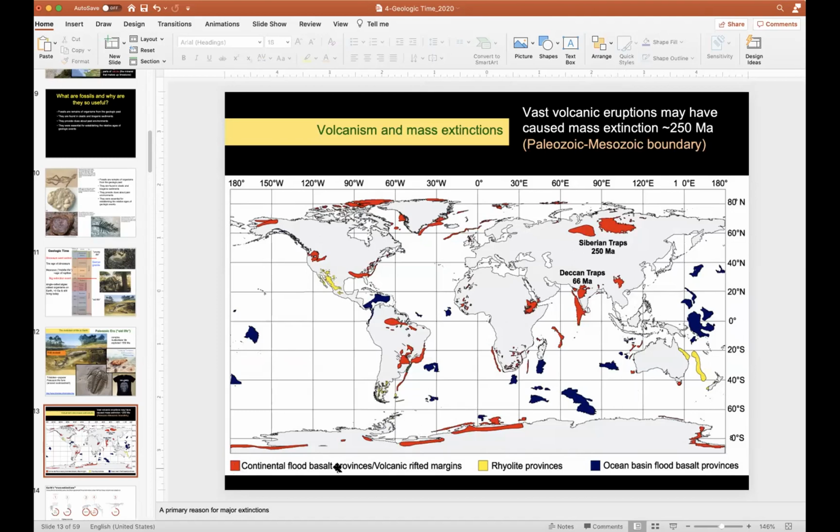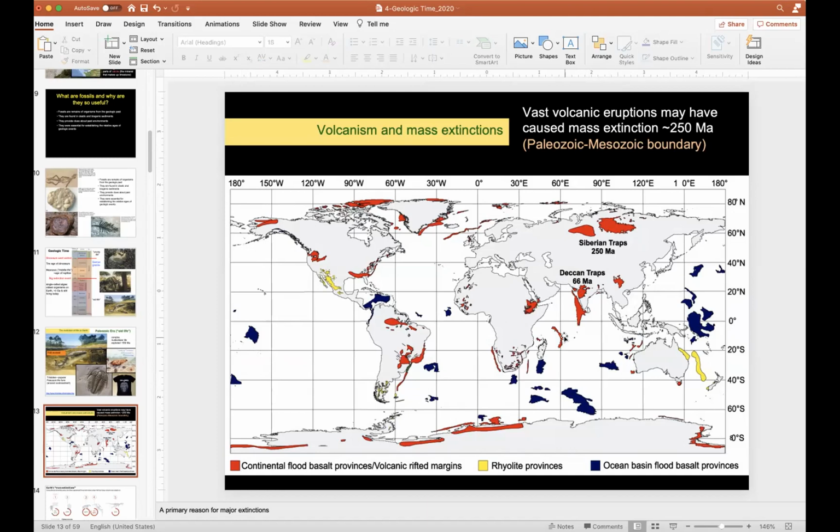So these are what are called continental flood basalts. Basalts just pour out. Some of the biggest ones are the Siberian traps. I'm not sure where that word comes from, except that it's like this large deposit of lava. The Deccan traps in India are another major one.